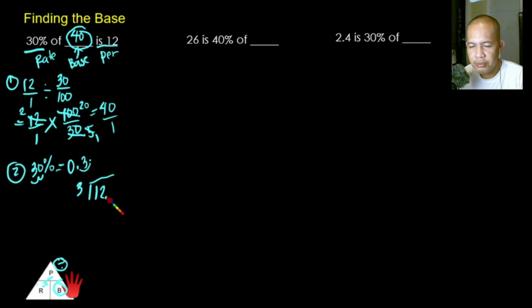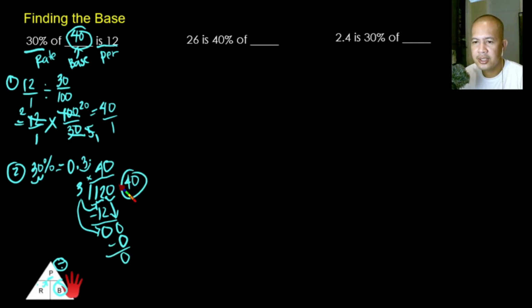And also we're going to move one place here, so that we make 120. So we have 120 divided by 3. That is 4. Multiply by 3, it is 12. Subtract it, 0. Bring down 0. 0 divided by 3 makes 0, and 0 times 3 is 0. So our answer also is 40. So those are the two ways to find the missing base.